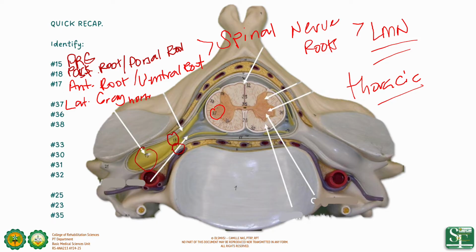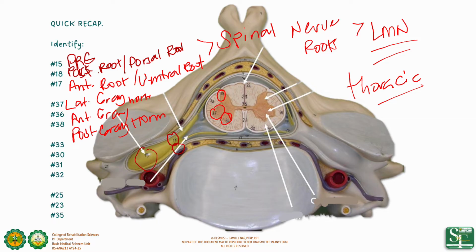And then number 36 is the anterior gray horn, where the anterior horn cells are found. Okay. And then number 38, this one, the posterior gray horn. There you can find the substantia gelatinosa, cell bodies for sensory function.